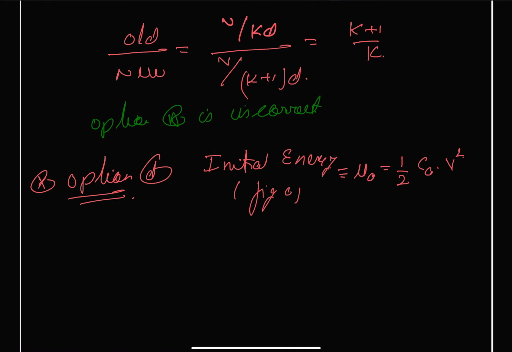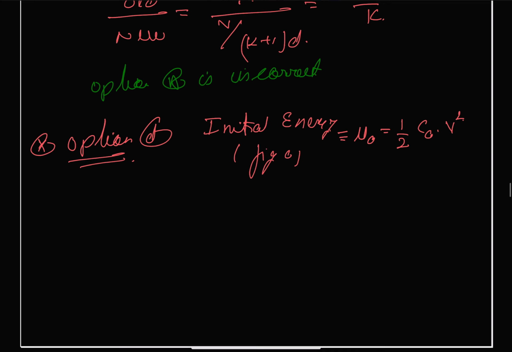CA we already know, so UA is equal to half times K epsilon A divided by D multiplied by our voltage square. And final capacitance we also know, so we can find out the final energy.